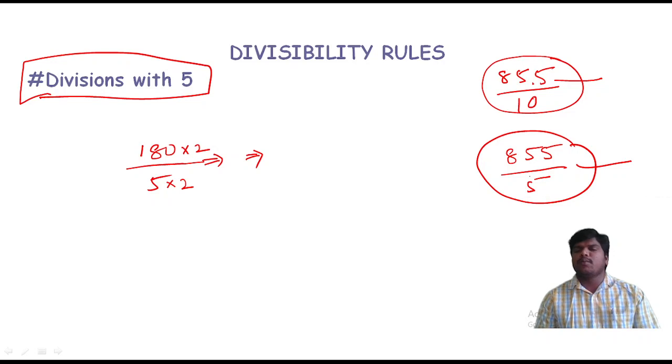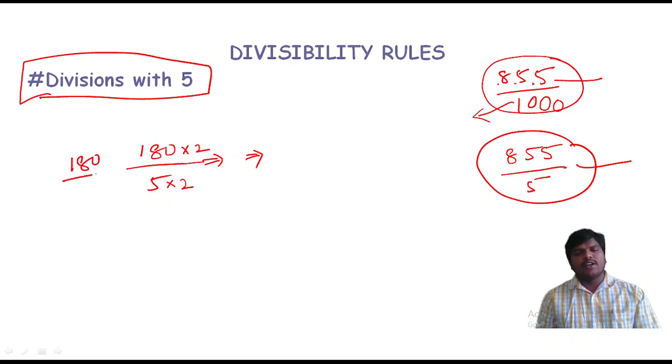Here you need to do some multiplication. Whenever the denominator is a 10 or a multiple of 10, it is very easy for multiplication or division. So here also I am doing the same thing.